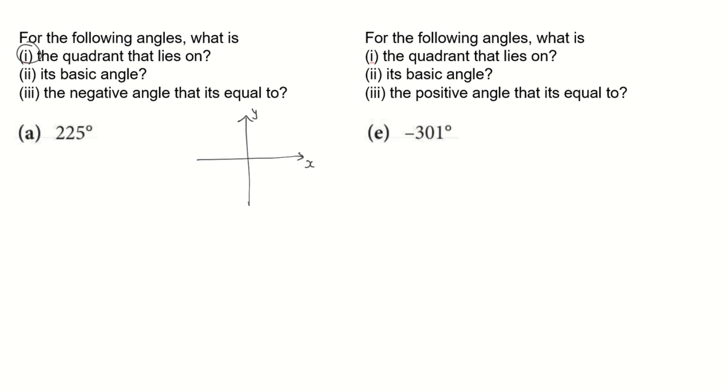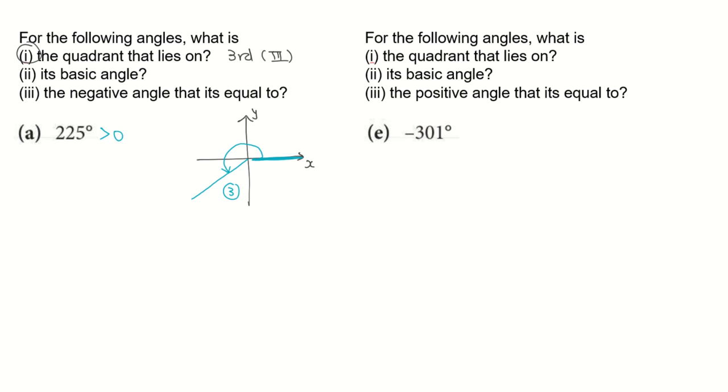So remember, we always start from the positive x-axis, and since 225 is positive, we will have to go anti-clockwise. Angle 225 stops here because it is a reflex angle, and this is the third quadrant.